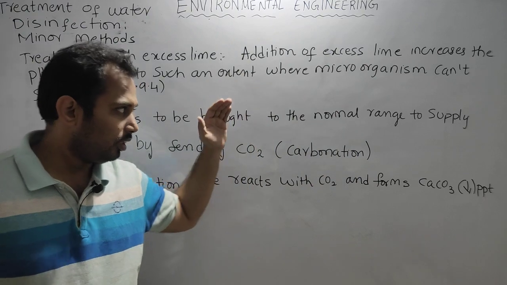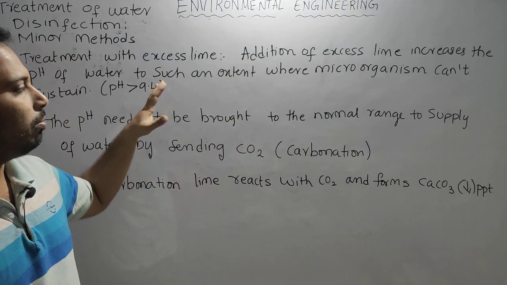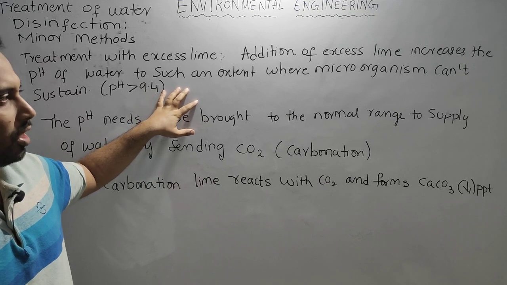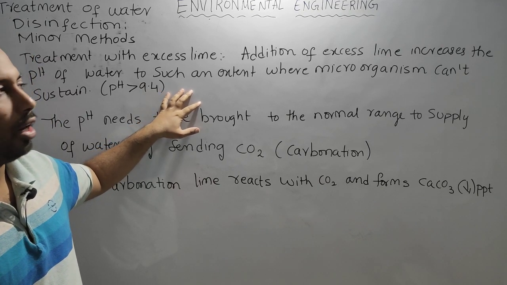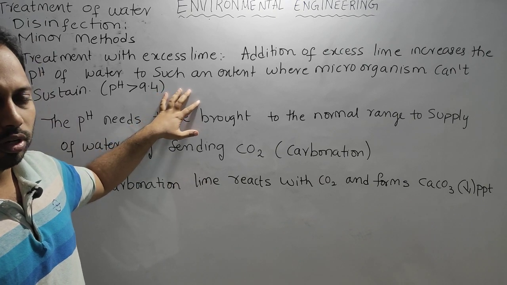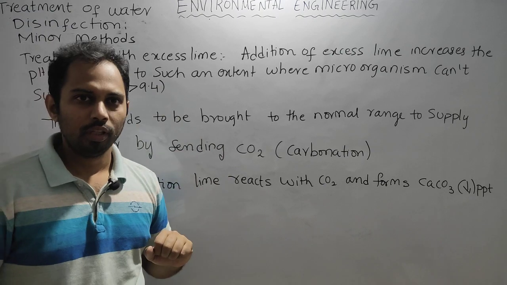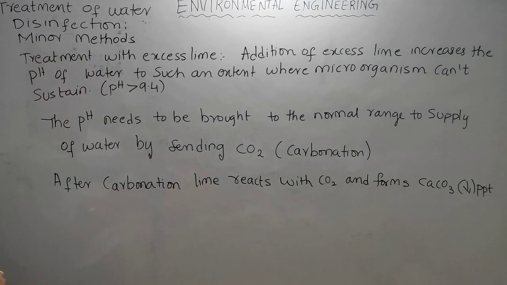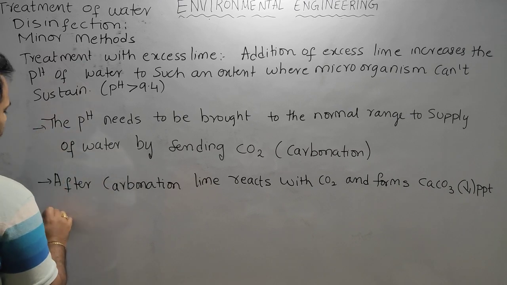If you look at the treatment, the lime treatment is cheaper, economical, and we can easily store lime, and not much technical supervision is needed. But the problem is sludge disposal. More sludge will form. Disposal of sludge is a big problem here.